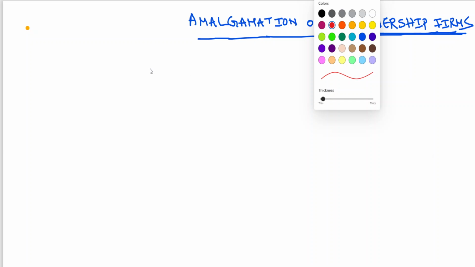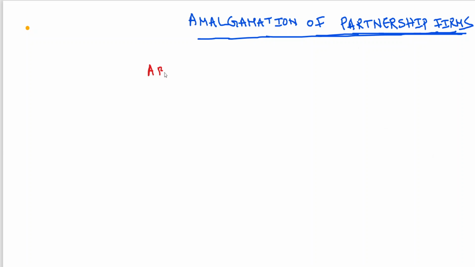Suppose AB is a partnership firm. Then you have CD partnership firm.